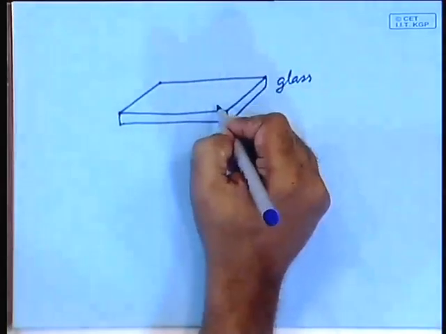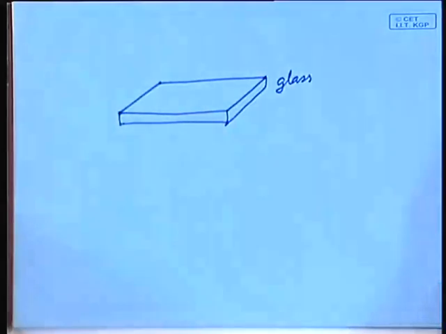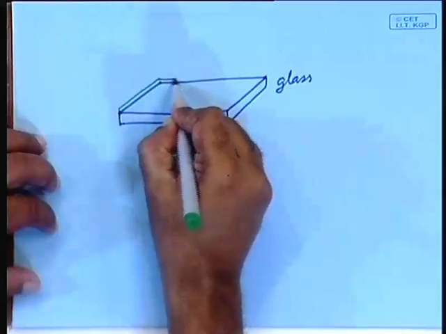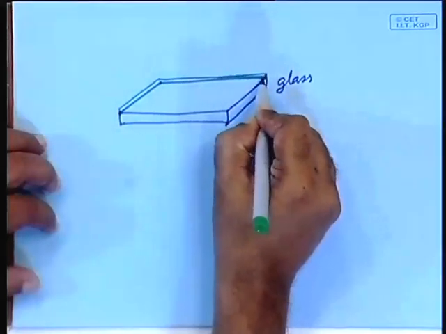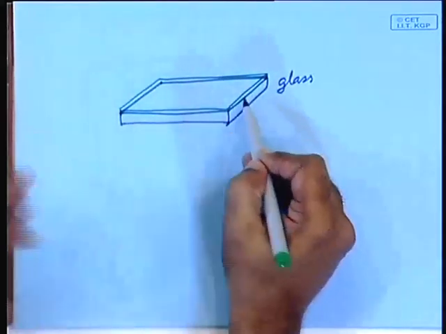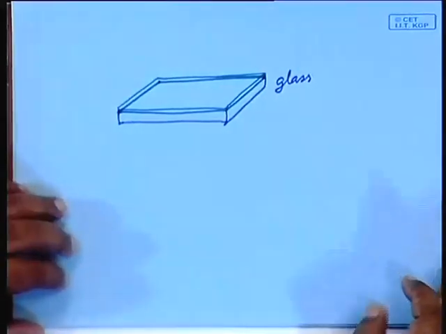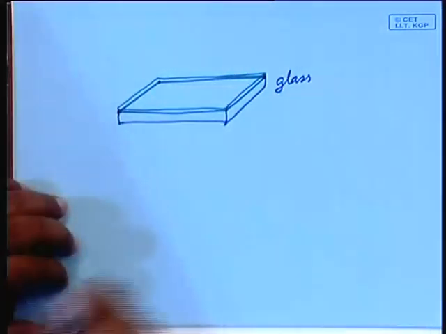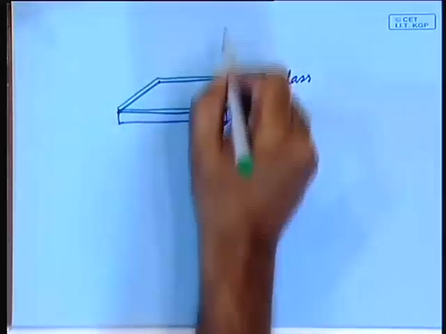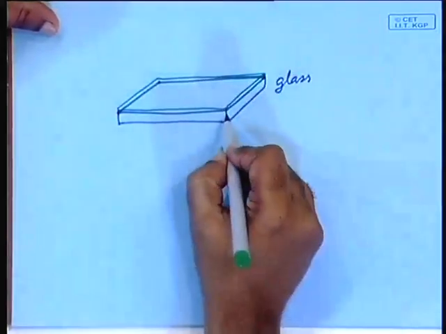On top of the glass, so that the glass does not reflect, one has to put an anti-reflective coating here. So, this side you have got one anti-reflective coating there, whose refractive index is tuned to be between the air and the glass. Good. So, very little goes through the glass.